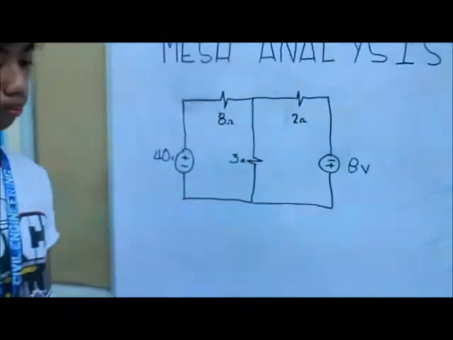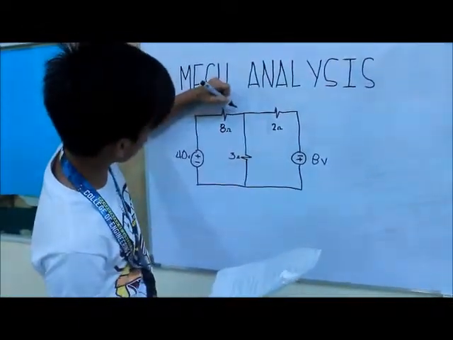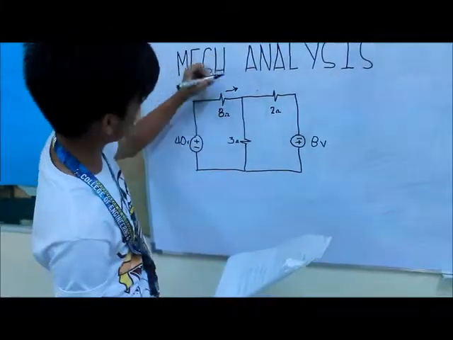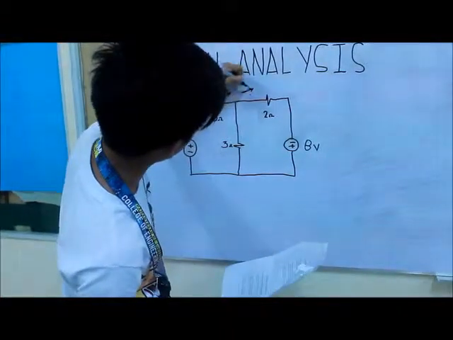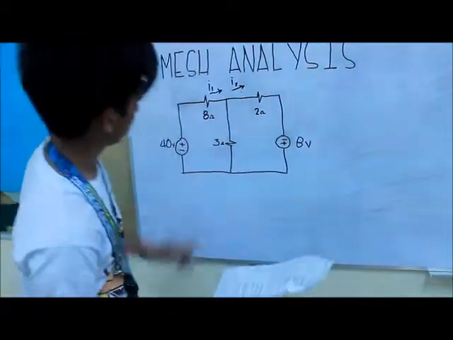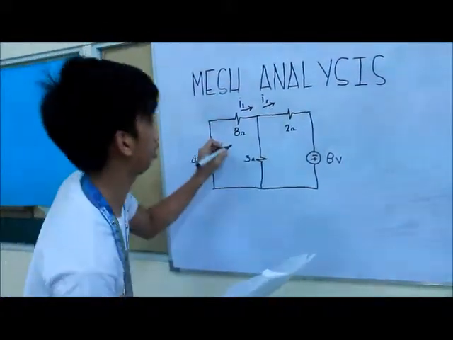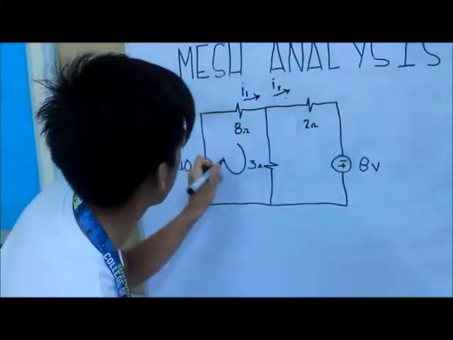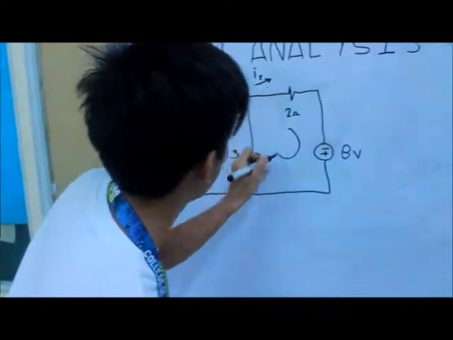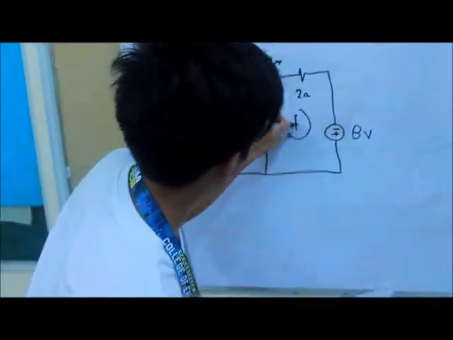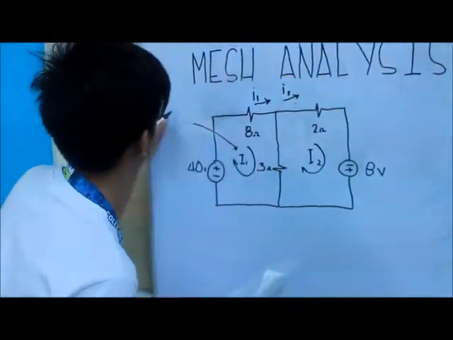So first, we assign mesh current. Assign this as current 1, then this is current 2. And in this loop, we assign current 1, and this is current 2. So, this is the mesh current.